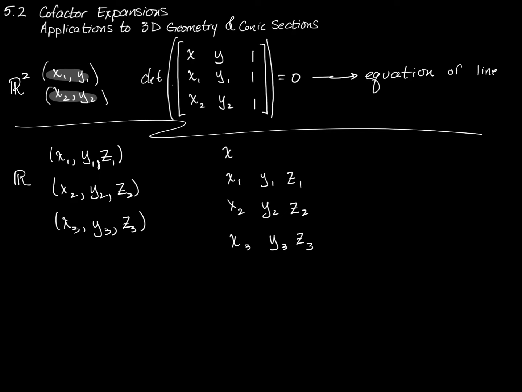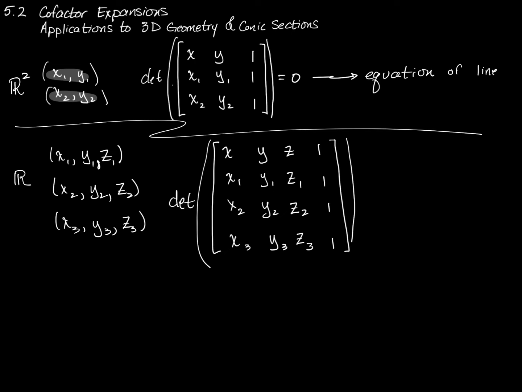We add a generic 3-dimensional point up here at the top. We include a column of ones. We take the determinant of that matrix, set it equal to 0, and we will have the equation of the plane that those 3 points go through.